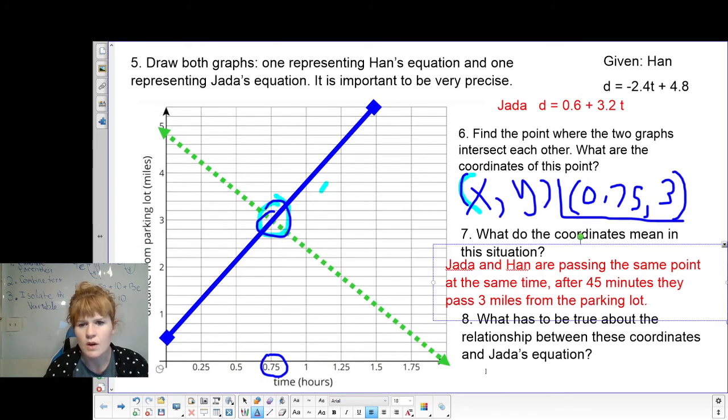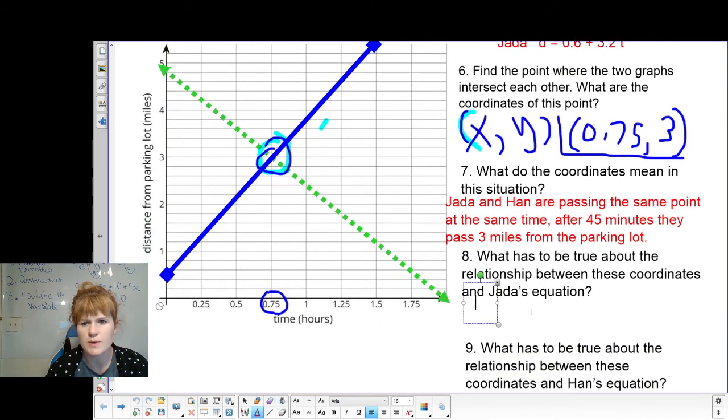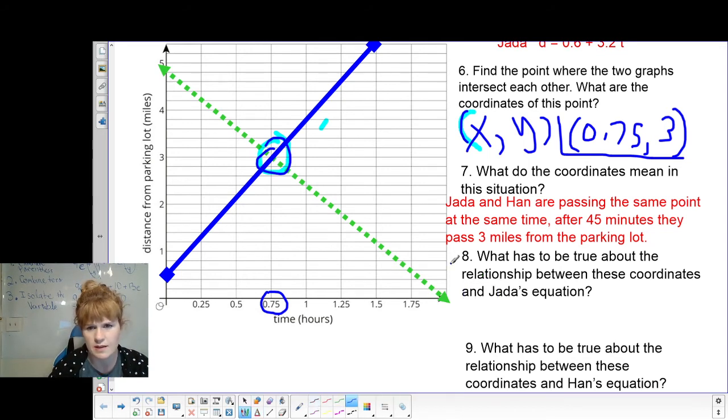Number 8. What has to be true about the relationship between these coordinates and Jada's equation? Well, the answer to this is easier than you think. Here are the coordinates, and Jada's equation is this blue line.